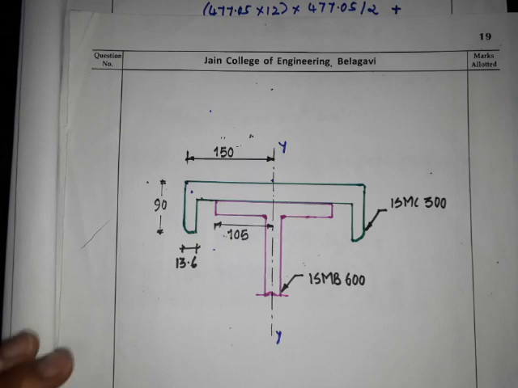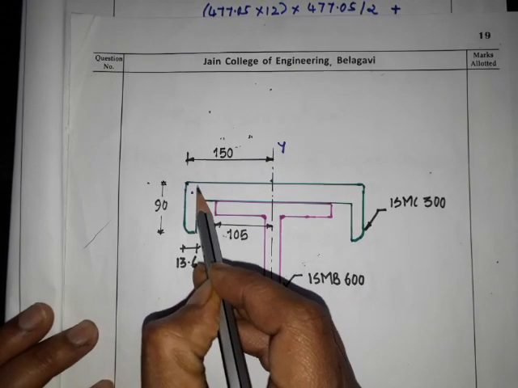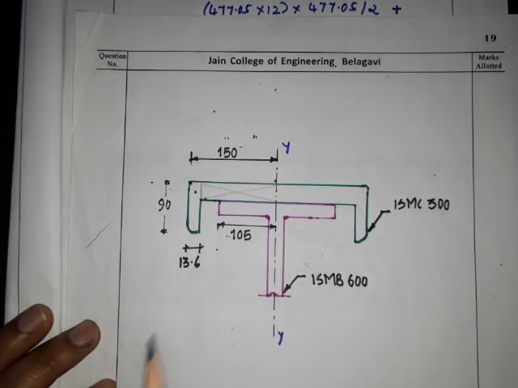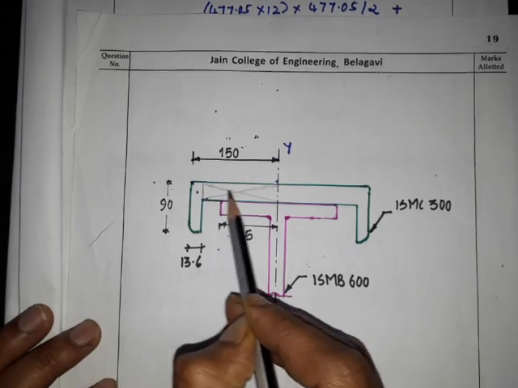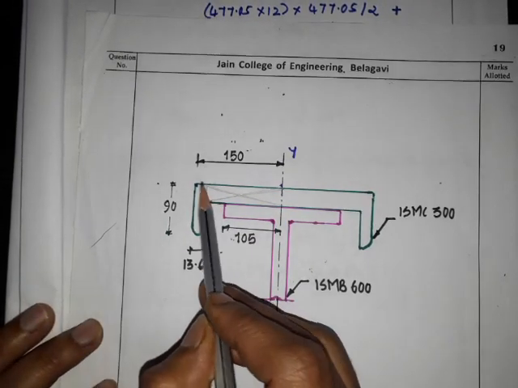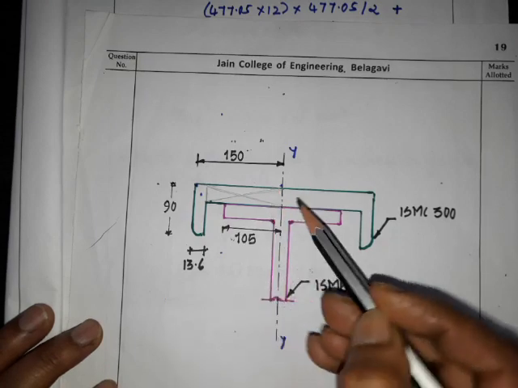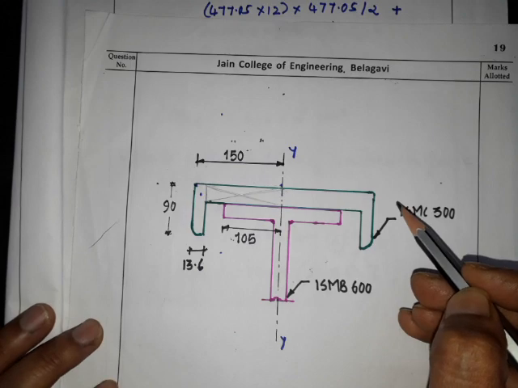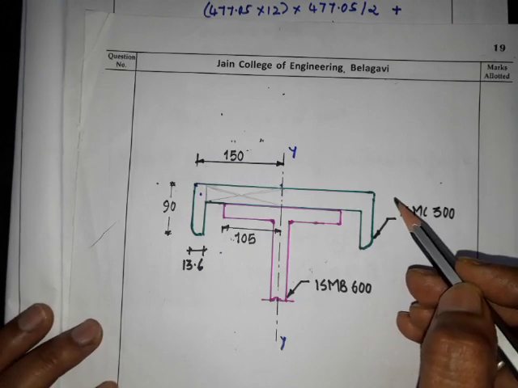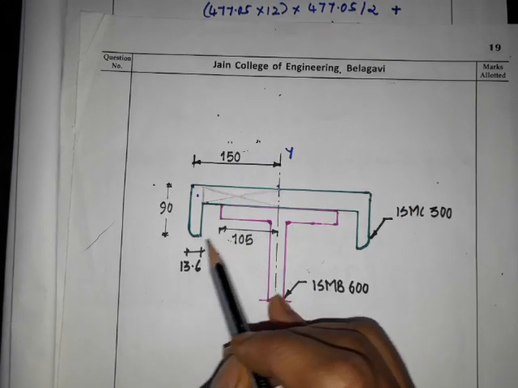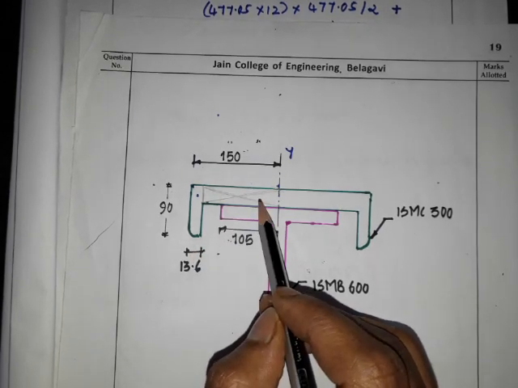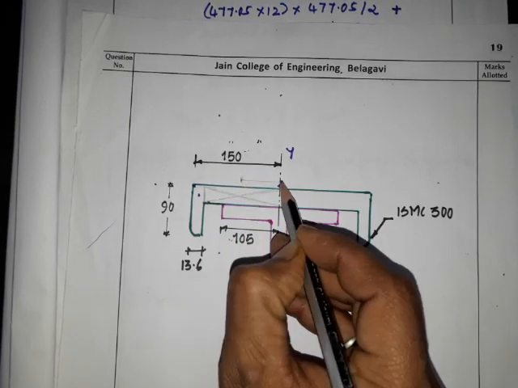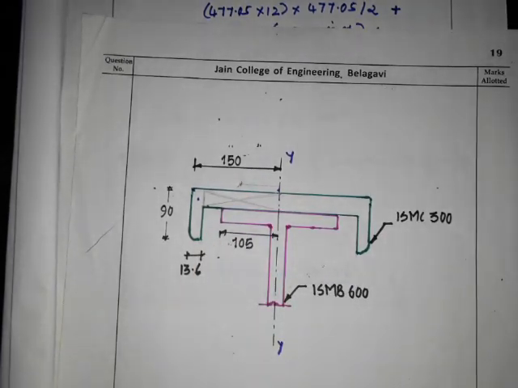It means you have to consider only this part, understood? The thickness of the web of the channel is 7.6. So it is 150 minus 13.6 into 7.6 into the central distance, which will be 150 minus 13.6 divided by 2.